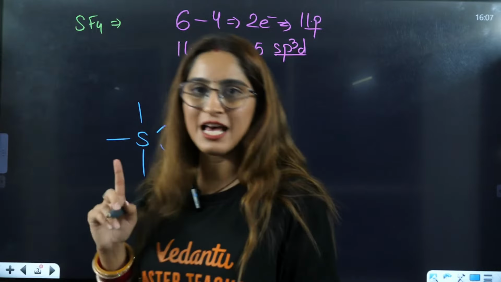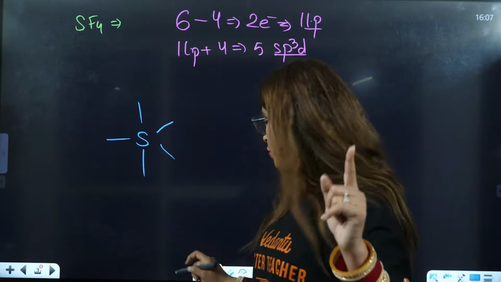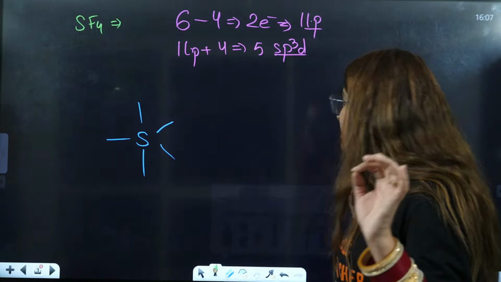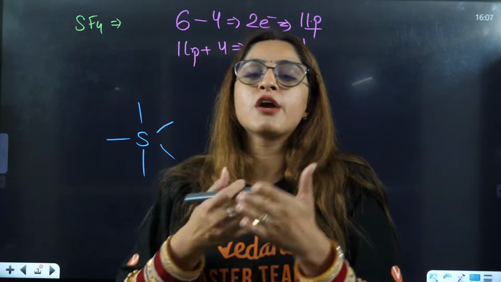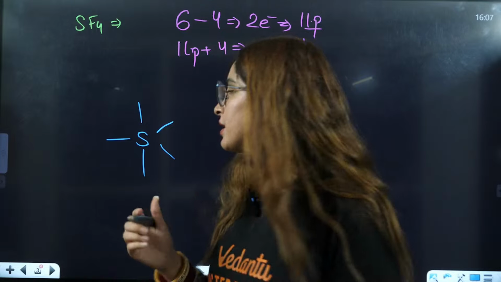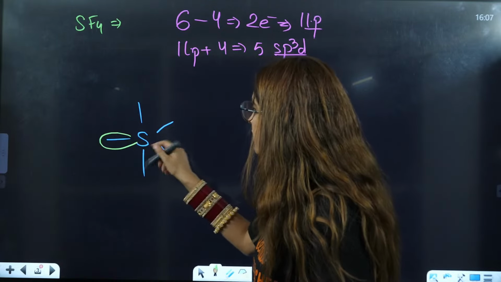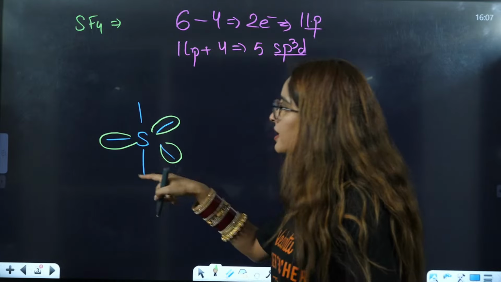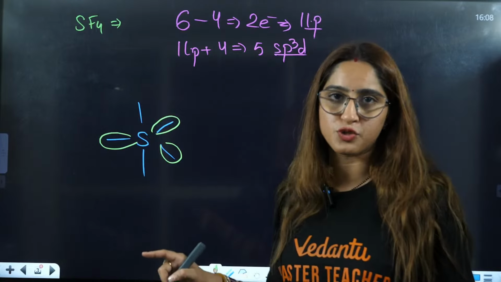This question has been asked in your latest shifts. In yesterday's evening shift, they asked one question based on the lone pair, where we should place the lone pair in the trigonal bipyramidal. The lone pair will be on the equatorial position. This one and this one are the equatorial positions; this one and this one are the axial positions.